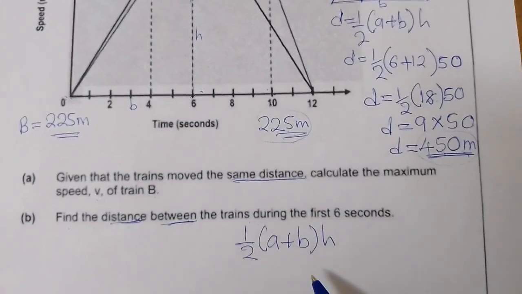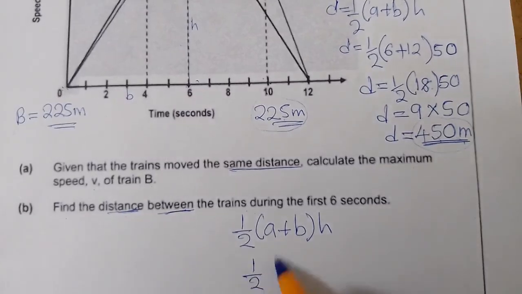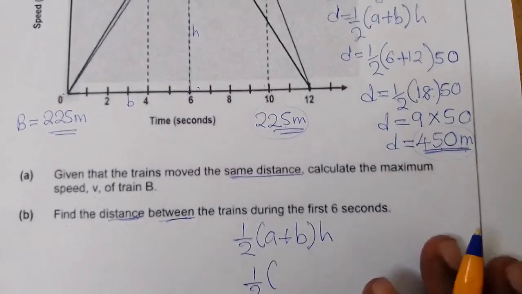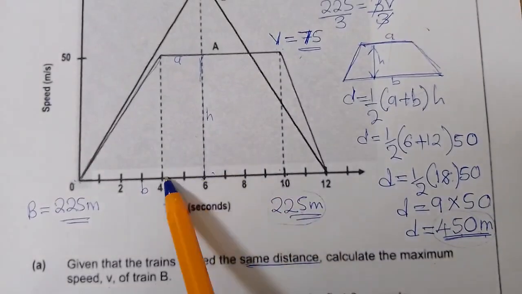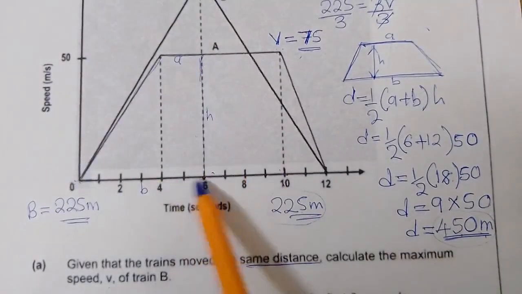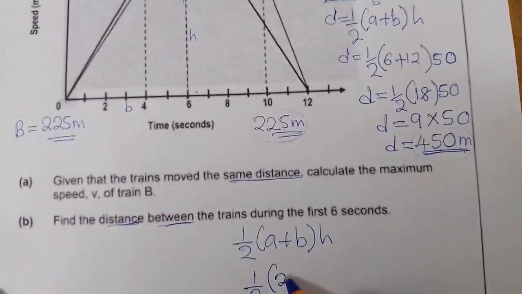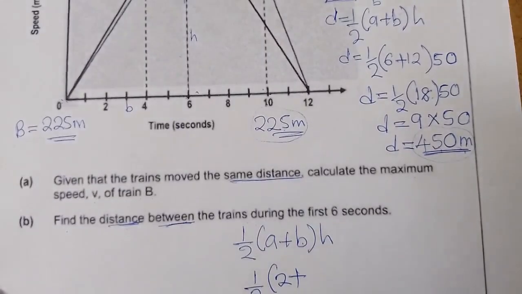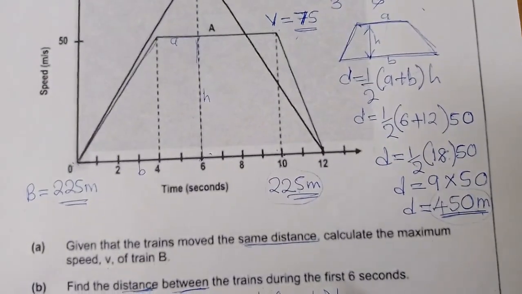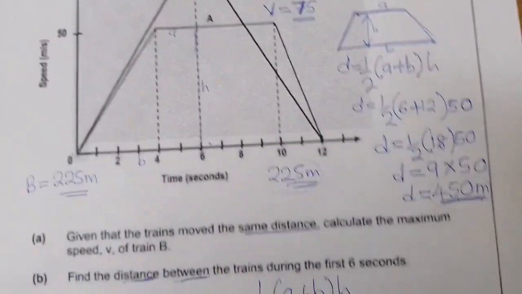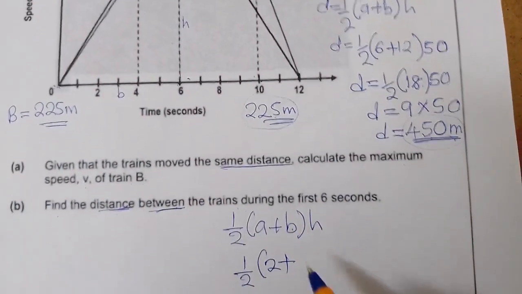What is your A? The difference there, it is 2. You say 2 plus B. What is your B? From there to there, which is 6. So you put 6.